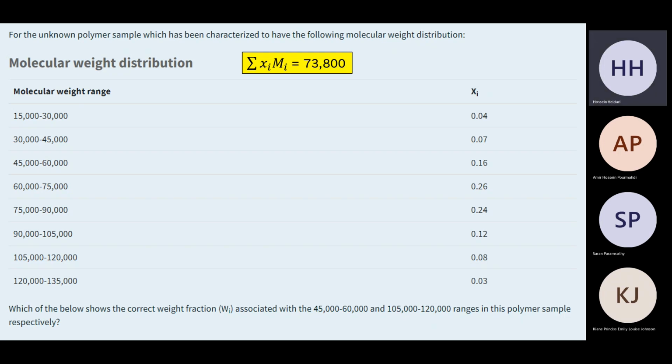How many molecules out of 1,000 are in that range? 160, right? Because it's 0.16. So let's say my overall number of molecules was 1,000. I have 1,000 times the number average, which is 73,800. So this is my overall weight.